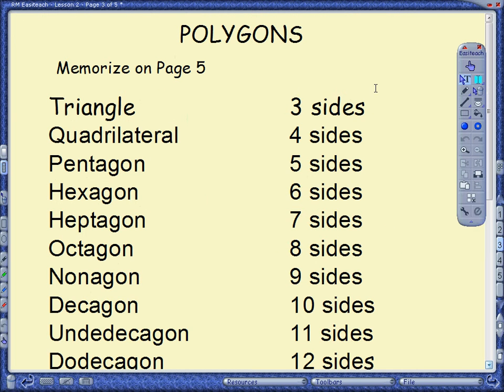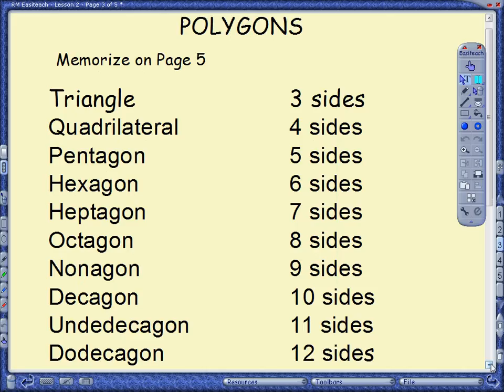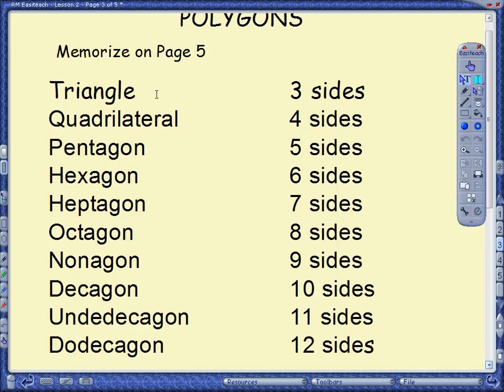Okay, on page 5 in your books, there is a list of all of the first 12 polygons. And a triangle, everybody knows, has 3 sides. Quadrilateral is something like a rectangle or a square, and it has 4 sides. A pentagon has 5 sides, and a hexagon has 6.